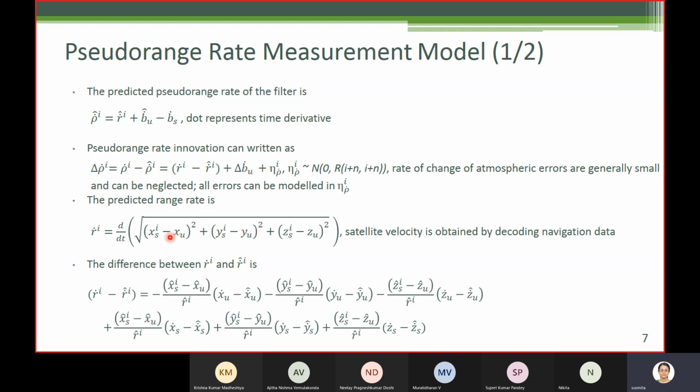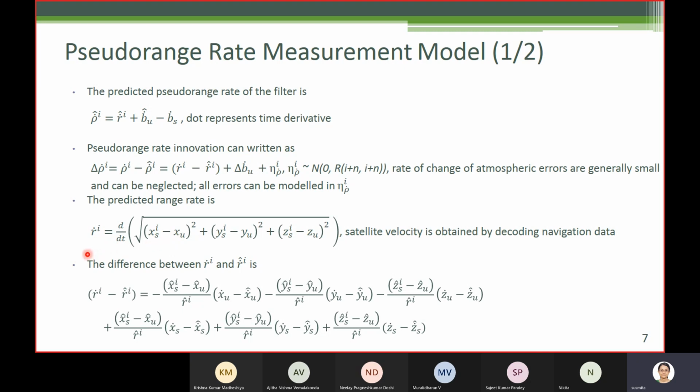We just need to find the derivative with respect to time. You will find that it is a function of satellite velocity and user velocity. Satellite velocity we can obtain from the navigation data as before. The user velocity is not known. We want to estimate the user velocity.